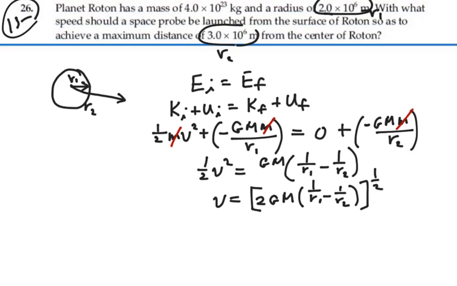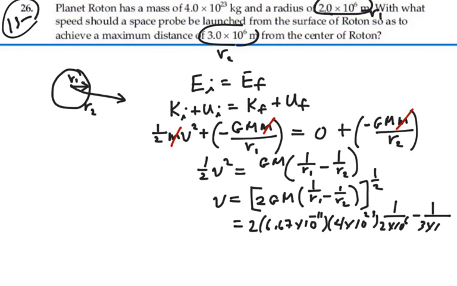So that's going to be 2 times 6.67 times 10 to the minus 11 times the mass of the planet, 4 times 10 to the 23, times 1 over R1, which is 2 times 10 to the 6, minus 1 over R2, which is 3 times 10 to the 6, all under the square root.